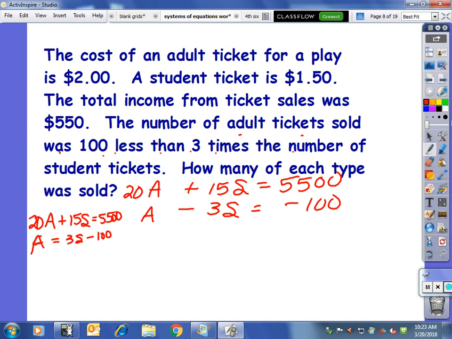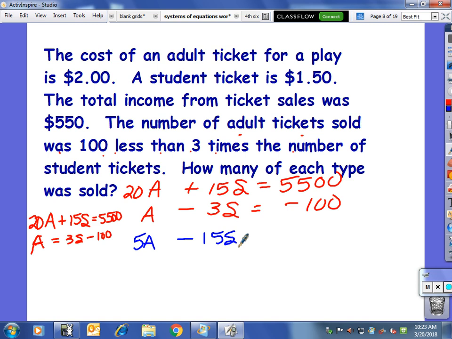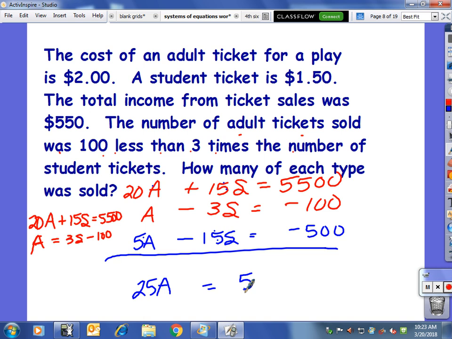Okay, then I multiplied the bottom equation by 5. 5a minus 15s equals negative 500, yeah. And then the s's will cancel. Yeah, you gotta watch your signs and all that stuff.